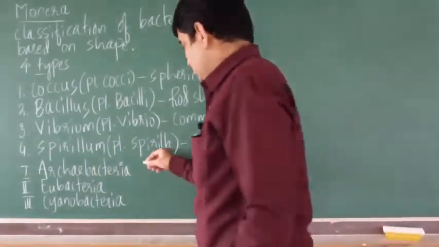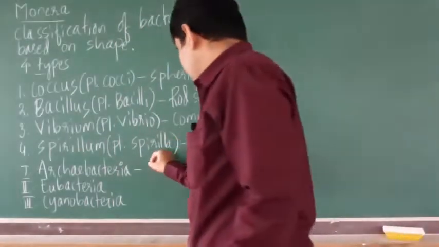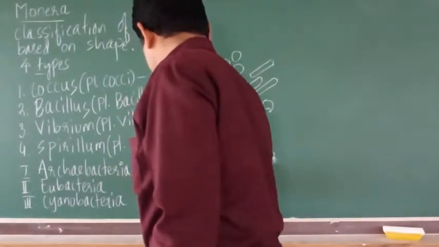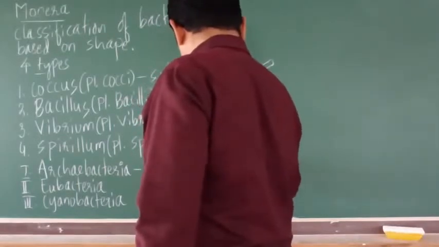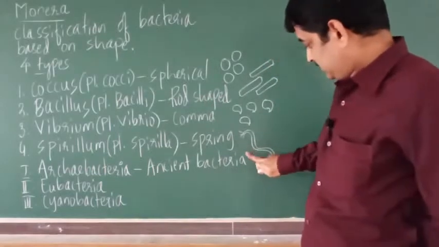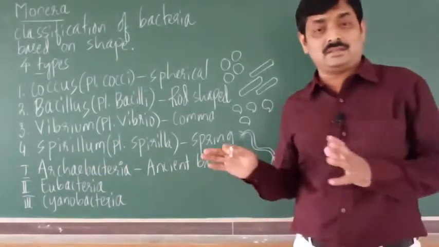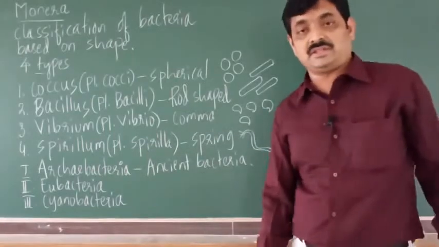So Archaebacteria can be commonly called ancient bacteria. So the ancient bacteria, that is the oldest forms of bacteria, right? They are Archaebacteria.